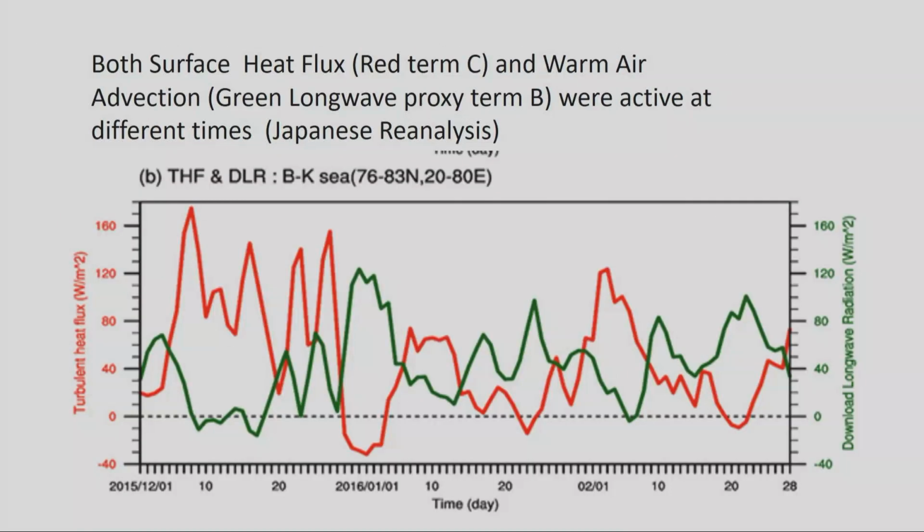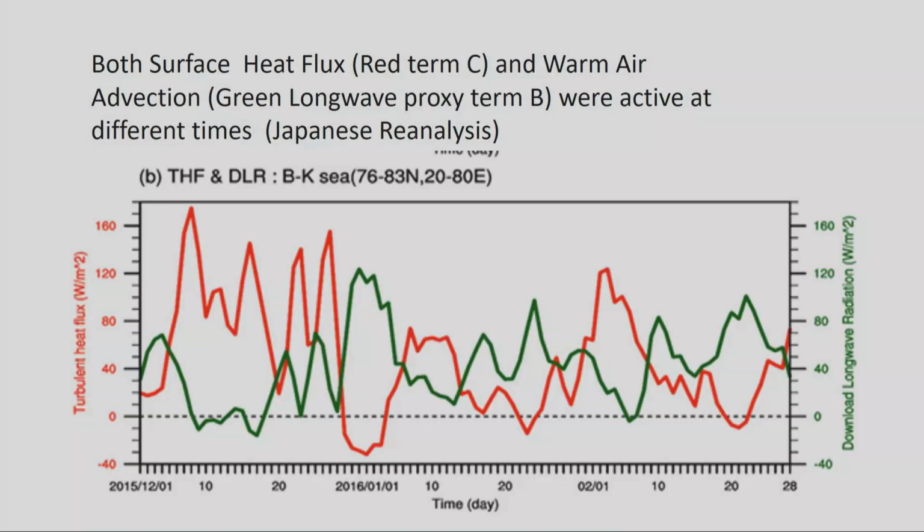Lower down on these forcing terms, the event really starts around the New Year's, and before that, there's 80 watts of upward heat flux shown in red that can help precondition the system.